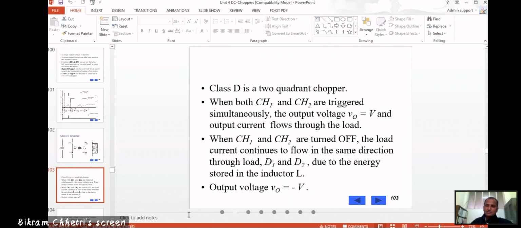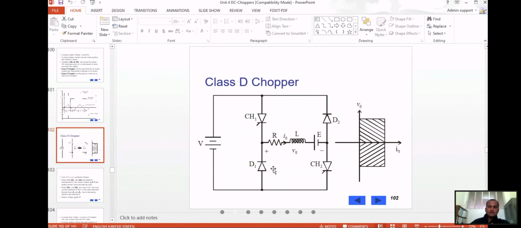When both CH1 and CH2 are triggered simultaneously, the output voltage V naught will be equal to the source voltage V, and the output current flows through the load. If chopper 1 and chopper 2 are turned off, the load current continues to flow in the same direction through the load, D1 and D2.